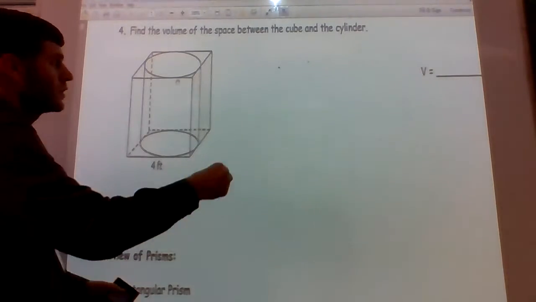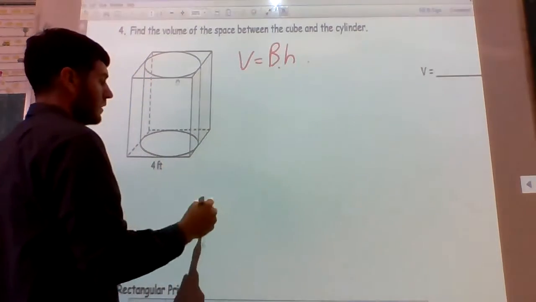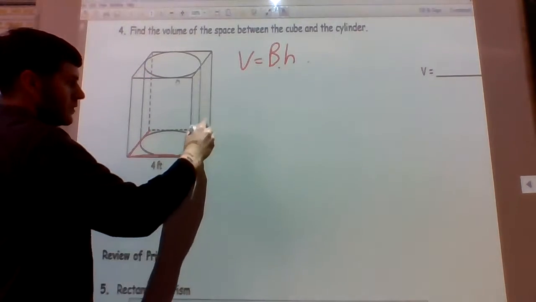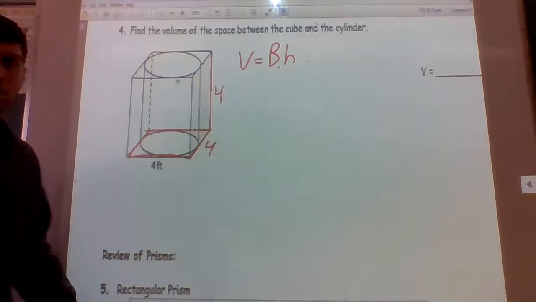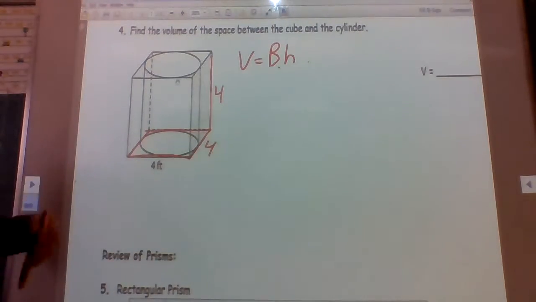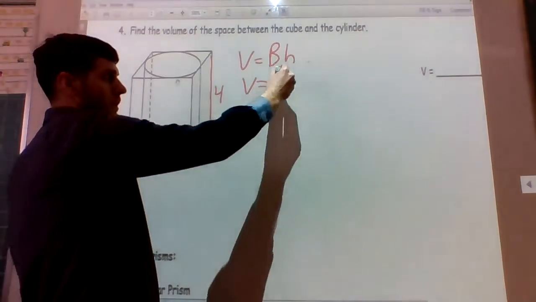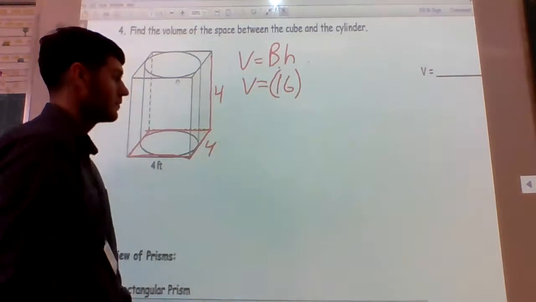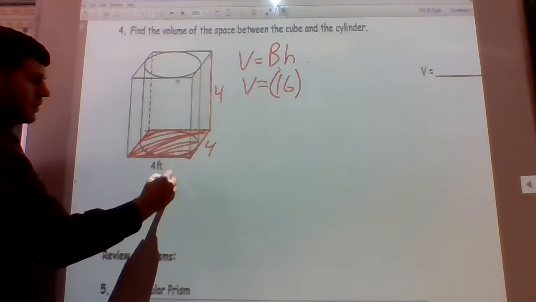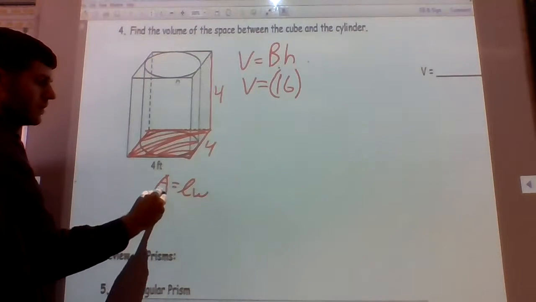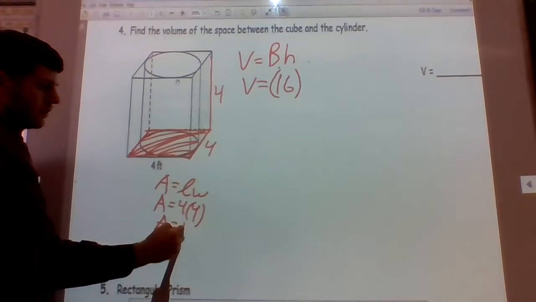So our volume for a cube, right, is the base area times the height. Okay, well, the base is a square, so it's 4 by 4, and the height is also going to be 4. Again, it looks elongated on the right because of the projector. The area of this base right here is length times width, so it's going to be 4 by 4, which means it's going to be 16.